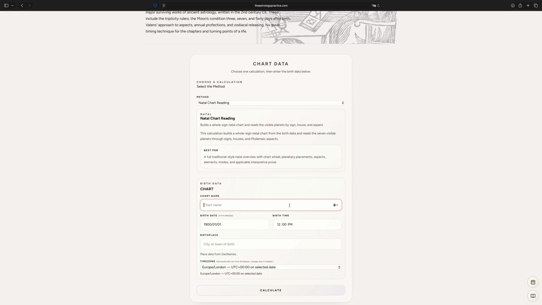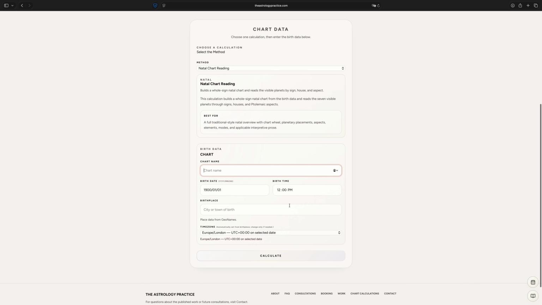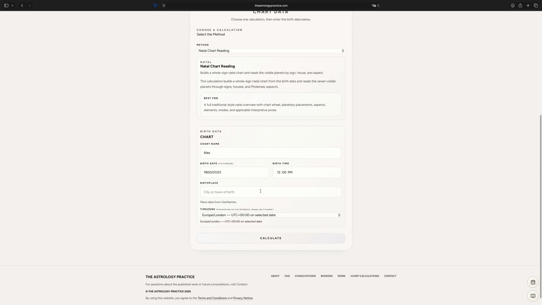So let's say that you go on my website and you want to get an interpretation for your natal chart. If you put your name there, my name is Alex, so I'll just add that. We're going to go with the default date and the default time. But should you need to change it, today's date is the 12th of July 2026.